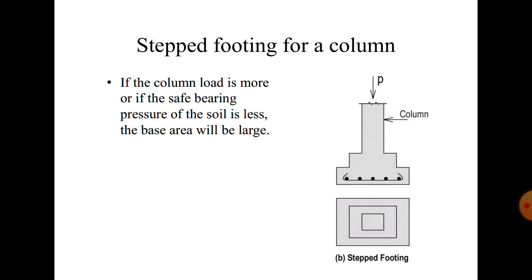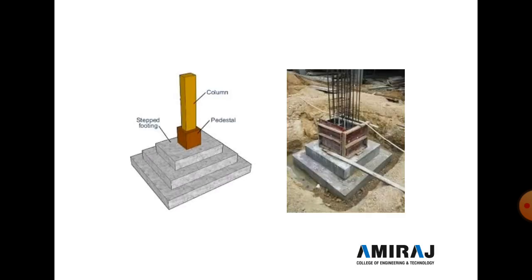If the column load is more, or if the safe bearing pressure of the soil is less, the base area will be large. In such a case it is necessary to provide a masonry offset to achieve the large spread before the load is transferred to the concrete base. In this figure the step footing is given.